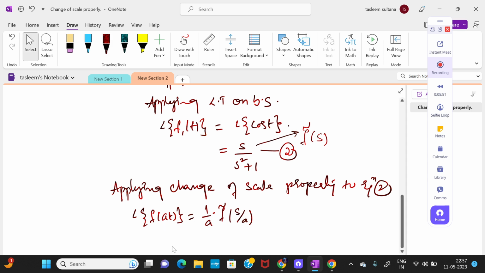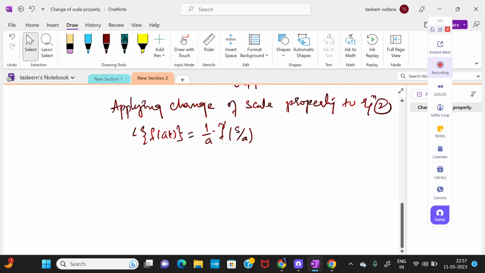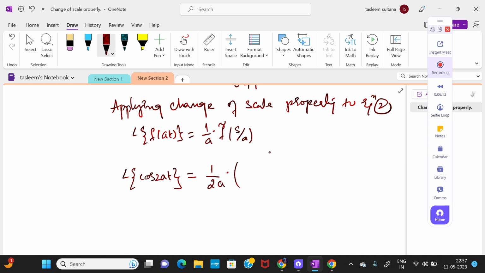Now the complete function is L of cos 2at, which is equal to 1 by 2a into s divided by 2a, divided by s by 2a whole square plus a square.